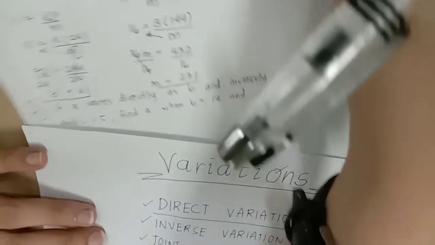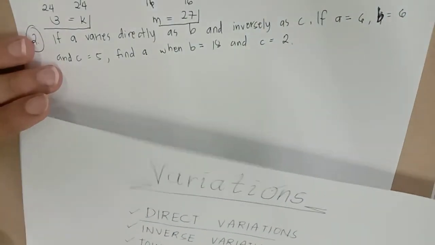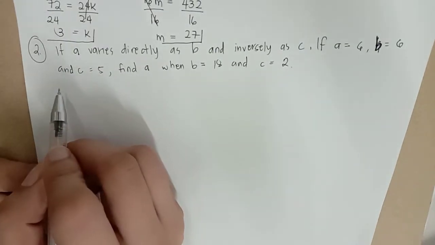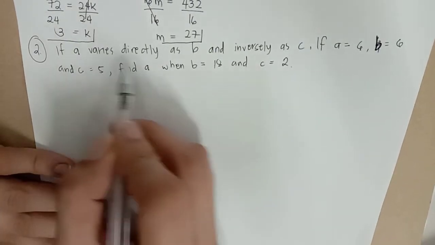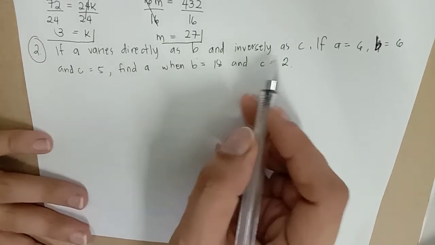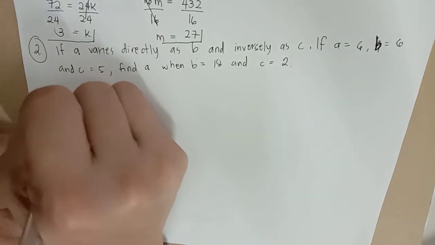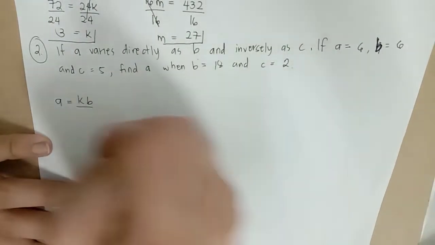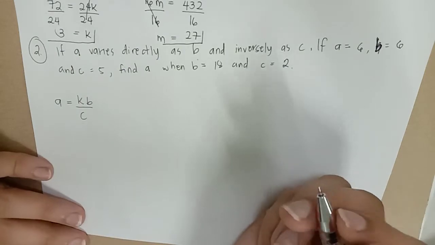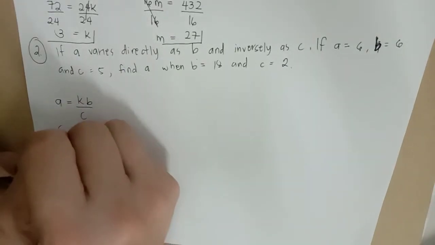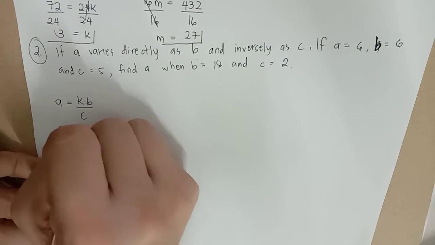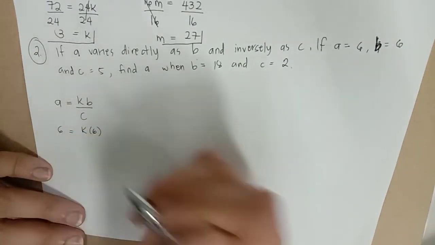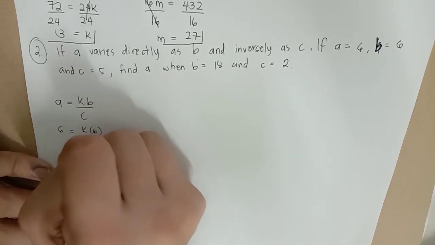Last, for combined variation, medyo pasensya na po sa aking sulat. Alright, so dito if, nakikita ba? So if A varies directly as B and inversely as C. So we have A is equals to KB over C. Ayan. So sabi dito, if A is 6 is equals to K, kasi hindi pa natin nahanap yung value ni K eh. B is equals to 6, okay, over 5.